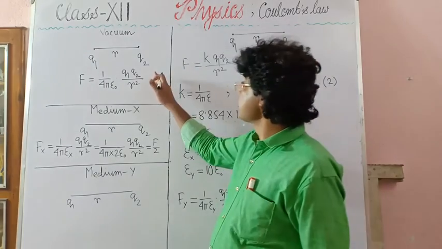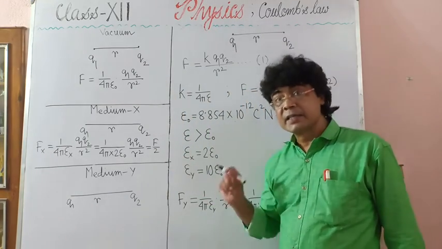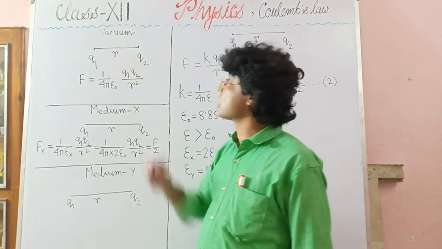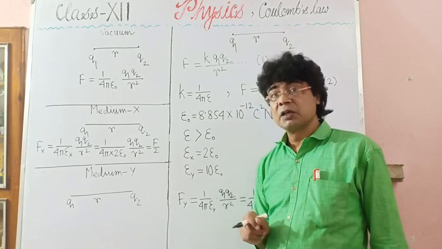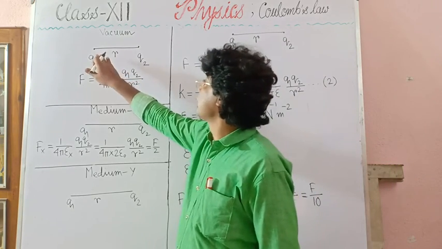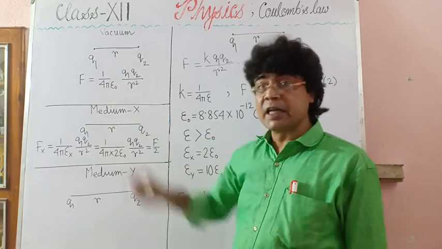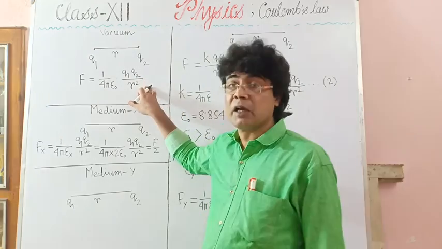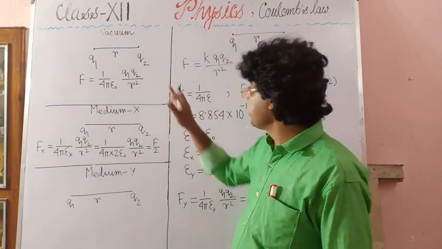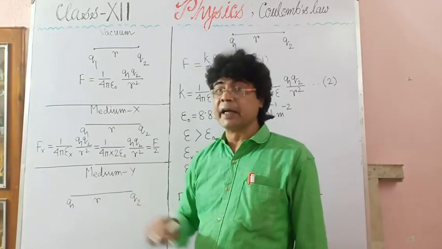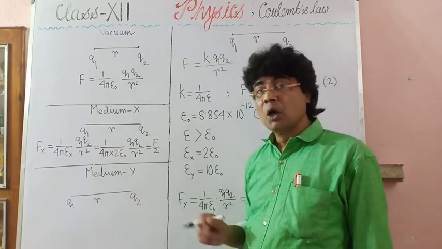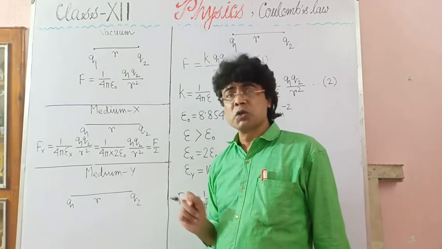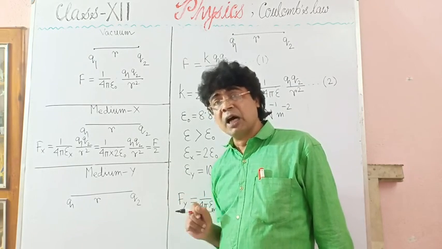Now, from these three situations, we can say when the distance between the two particular point charges remains fixed, then the electrostatic force between the 2 point charges is maximum when they are situated in vacuum, and if they are situated in any medium, then the medium opposes the electrostatic force between them and reduces its value compared with the vacuum value.